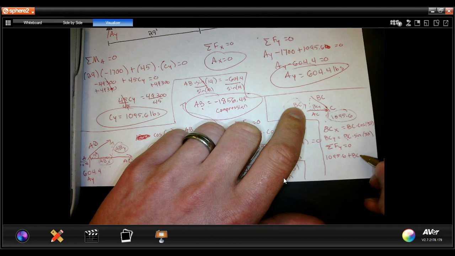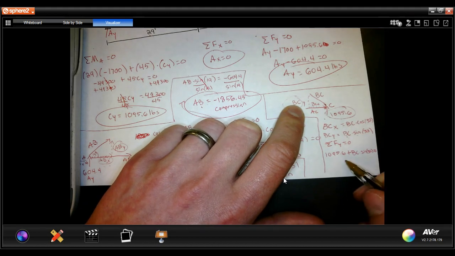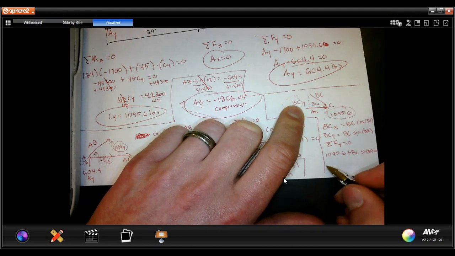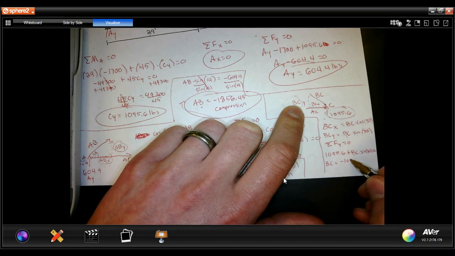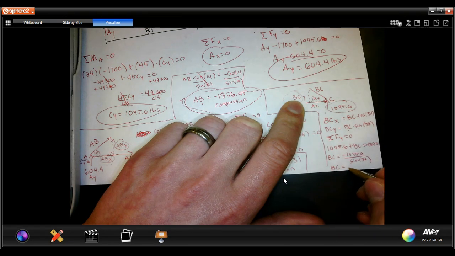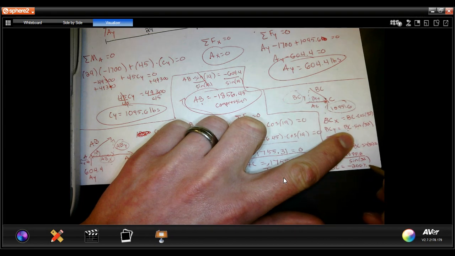So BC times sine 32 is equal to 0. Solving this for BC, you would subtract, so basically BC is equal to negative 1095.6. You'd subtract that and divide by sine 32. So BC is equal to a negative 2,067.48.